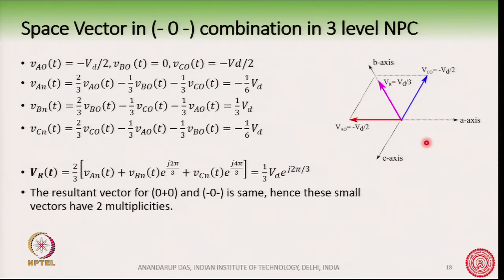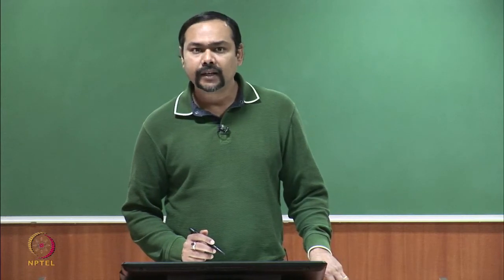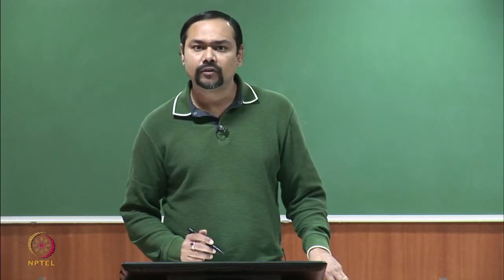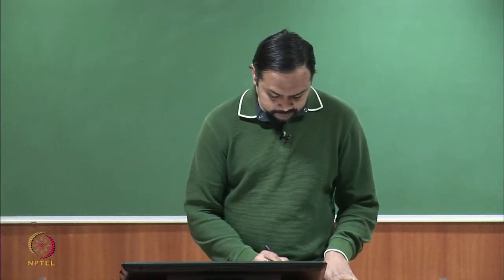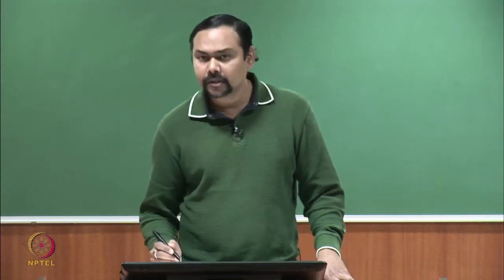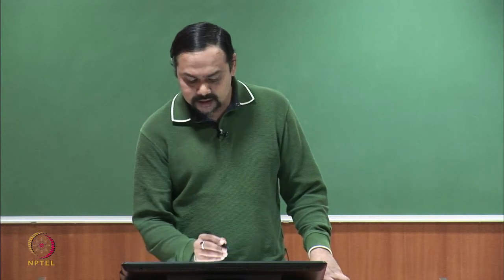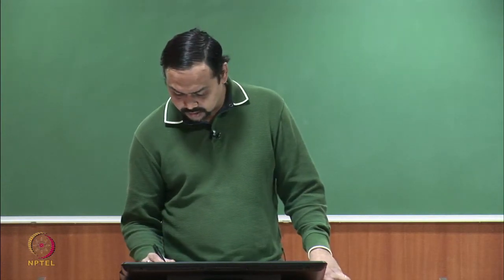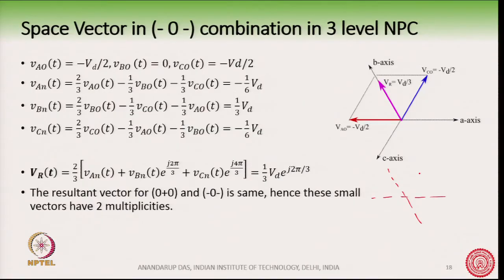You do not always have to go through this mathematics to find out what the resultant space vector looks like. You can quickly also diagrammatically come to the same conclusion. For example, let me take this minus 0 minus combination. I can quickly draw, see, this is the A axis, this is the B axis and this is the C axis.